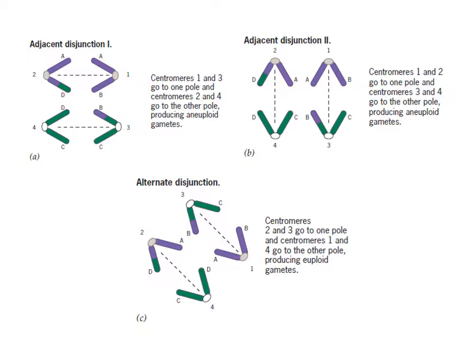In the second case, 1 and 2 will go to one end and 4, 3 will go to the opposite end. Whereas in case of alternate disjunction, they will be flipped. 2 and 3 will go to one end and 1 and 4 will go to the other end. That's why it is called alternate disjunction.